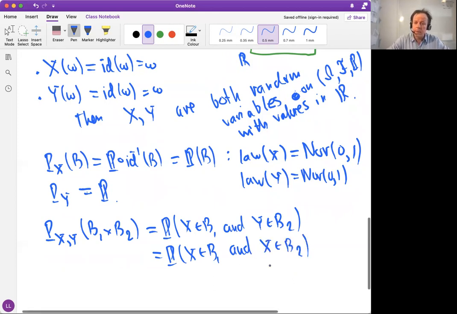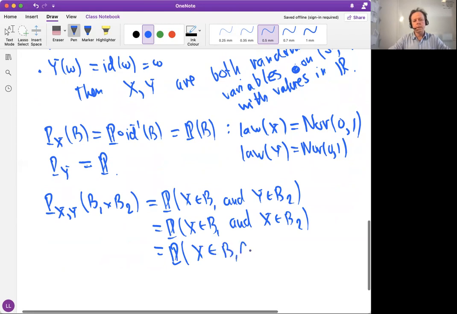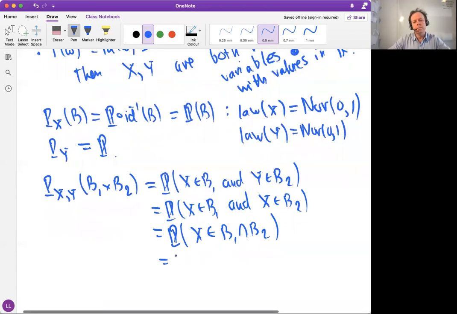Okay, that starts to look a bit strange, but that's what it means. So we could write it as the probability that X belongs to both B1 and B2, so the intersection of B1 and B2. And X is the identity, so we could also write it as B1 intersection B2.